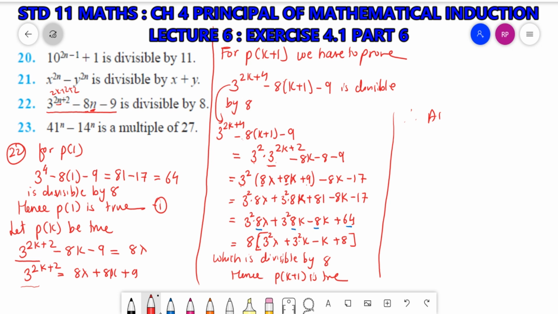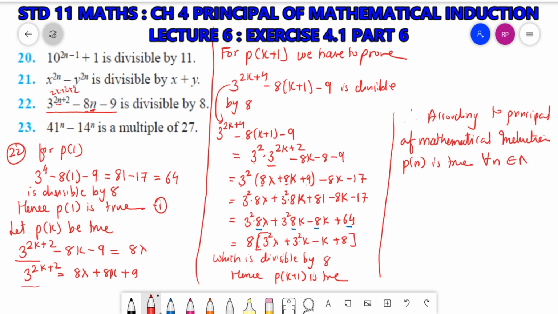Therefore, according to principle of mathematical induction, P of n is true for every n belonging to N.